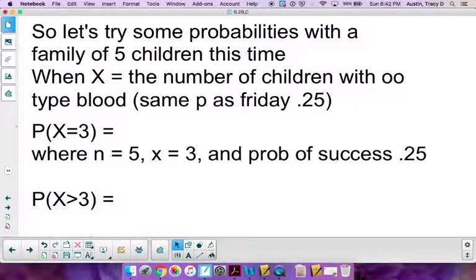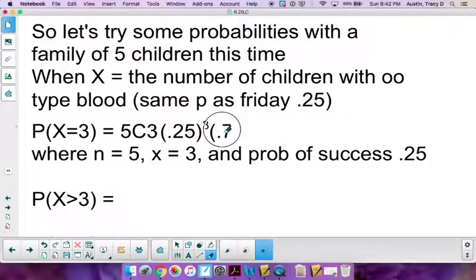All right, so you're set up for an equal to. Remember, an equal to is a PDF. 5 trials this time, probability is 25%. This is how you would handwrite it. This is how you would do your 5 and then go to math, PRB, and find the NCR.